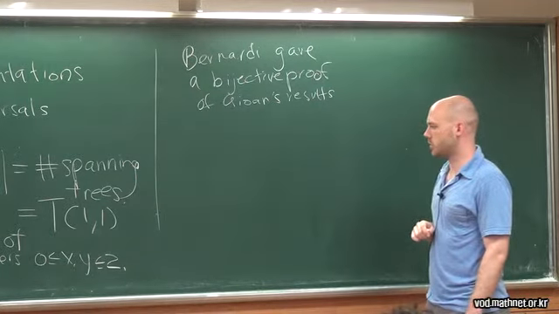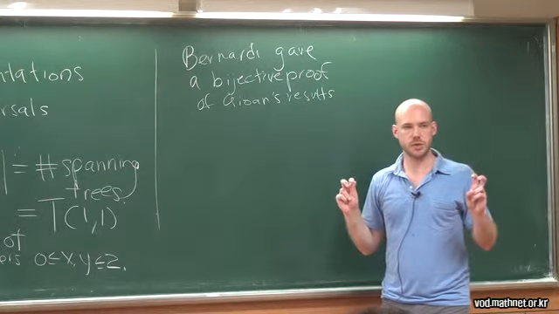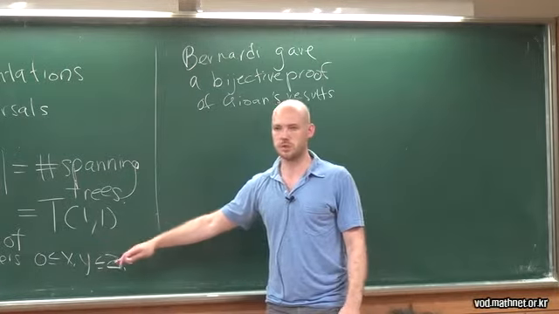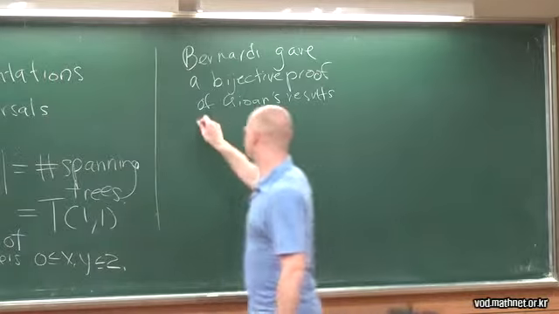In particular, he gave what he called a master bijection. And when you specialize this bijection, you recover all of these different enumerations. And he used ribbon graphs.